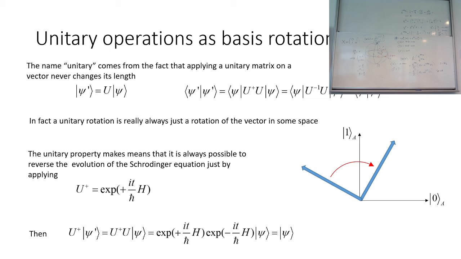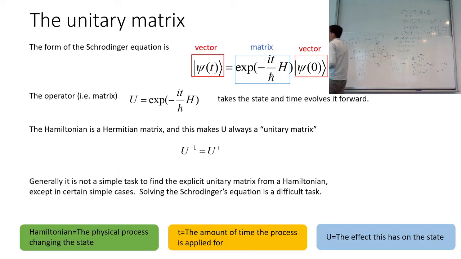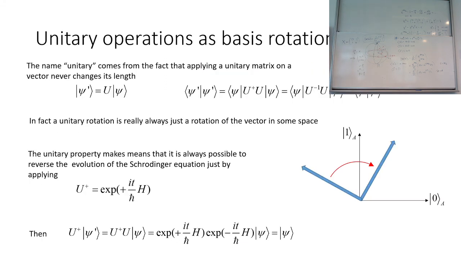Right? So remember the matrix that we apply in the Schrodinger equation has a minus sign. But if we apply the same thing with a plus sign, then because this is just the conjugate transpose of the original U matrix, this cancels and you get the same state.